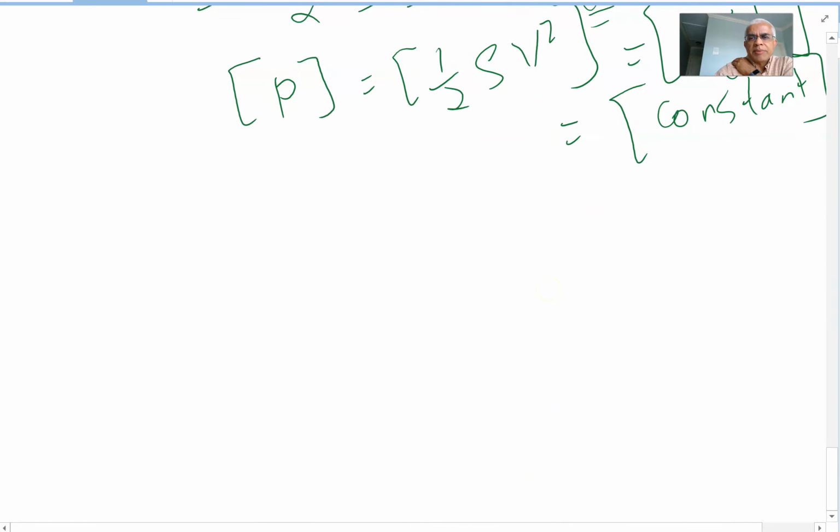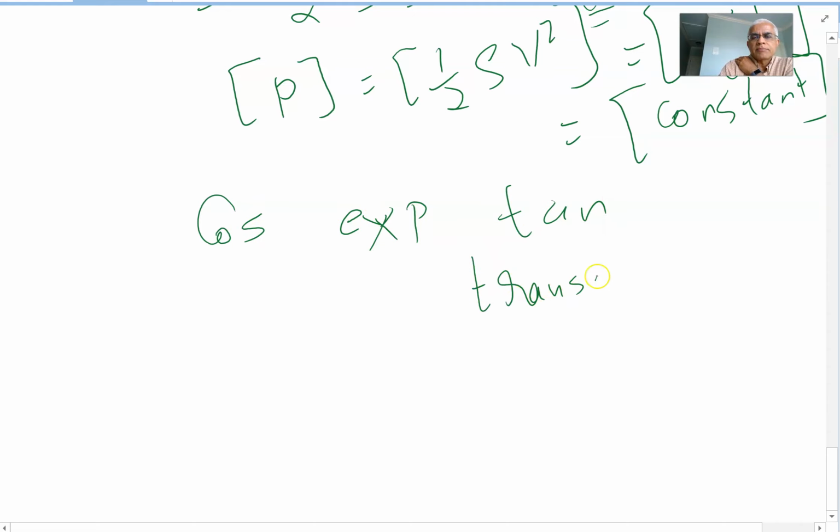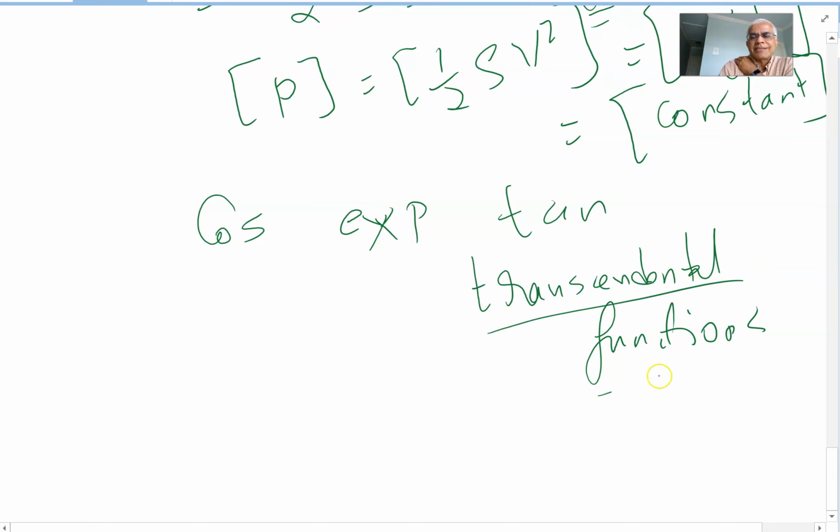Another aspect, which is probably less emphasized in other classes, perhaps even in your physics classes, is that in addition to differential equations, when you have functions such as cosine or exponential or tangent, these are called, for a fancy word, transcendental functions, or even log, etc. The arguments of all of these quantities have to be dimensionless.